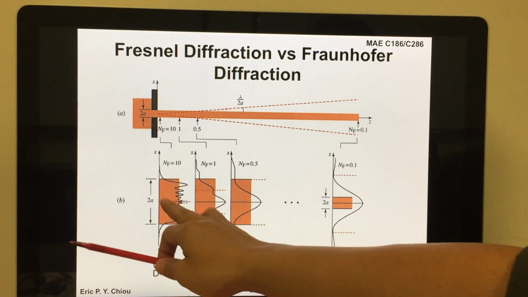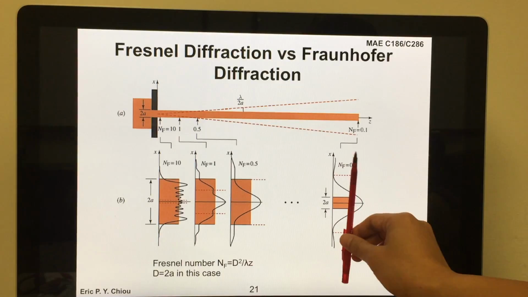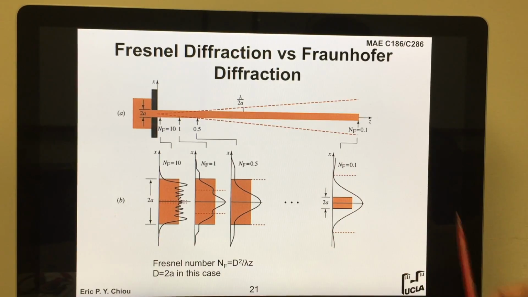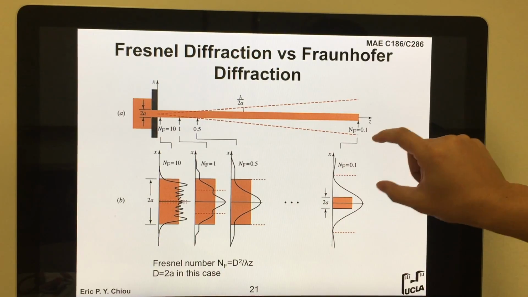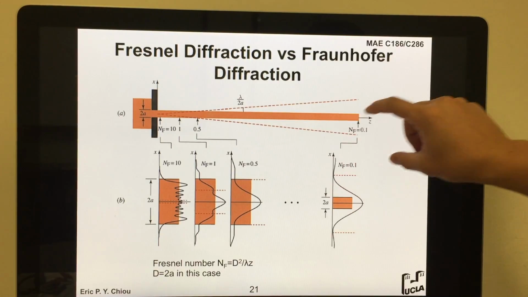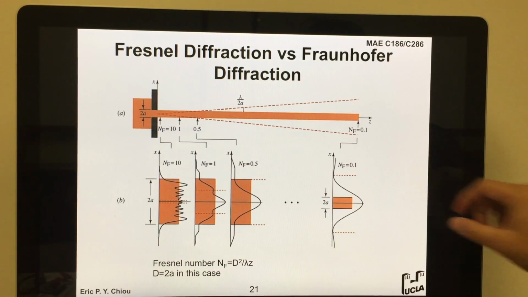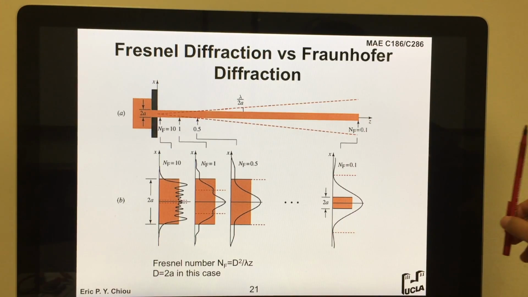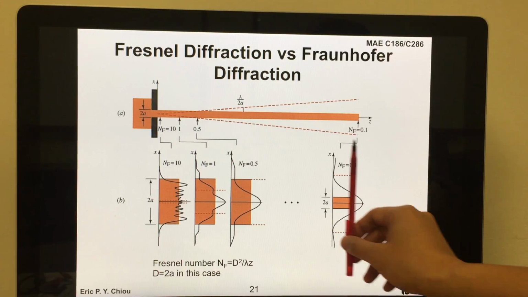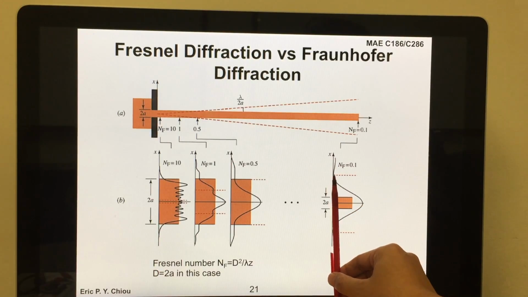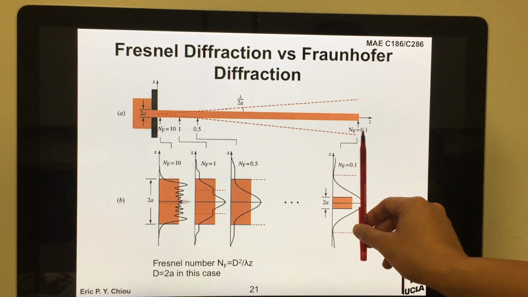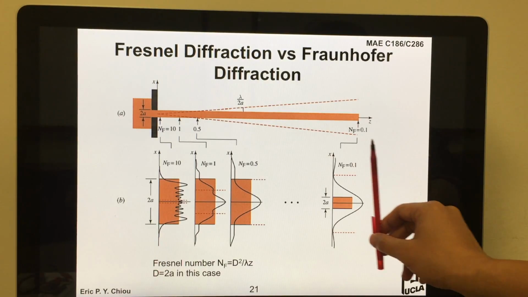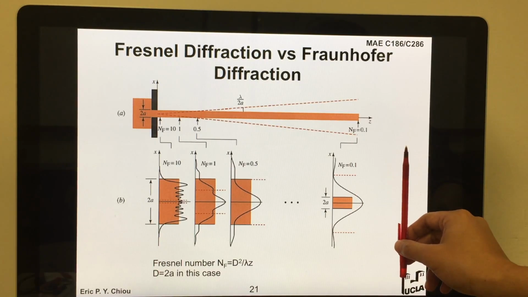When they propagate to a distance pretty far away, you can think of each plane wave as being separated far enough that they do not overlap with each other too much. That's why you're going to see the intensity keep dropping but the pattern remain the same, because they stop interfering with each other.